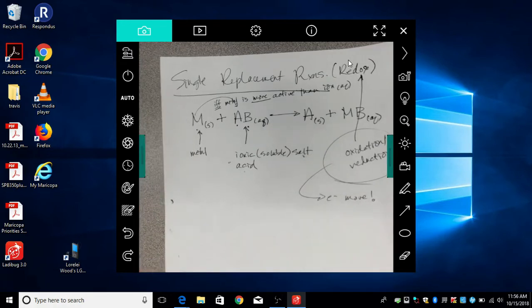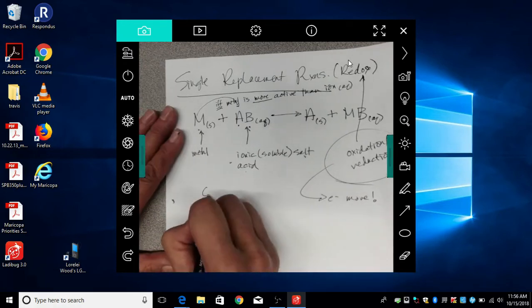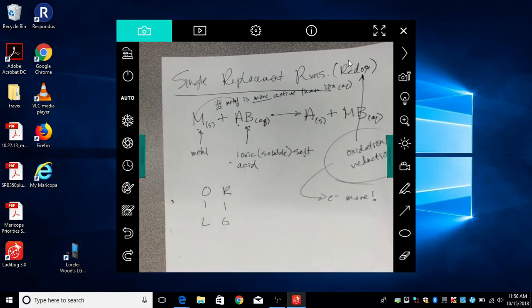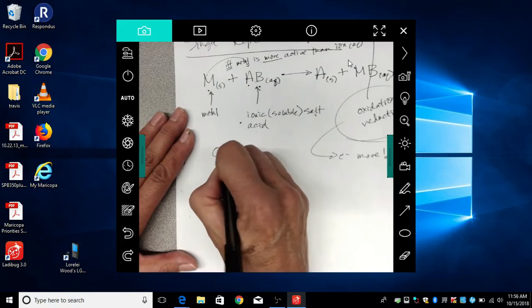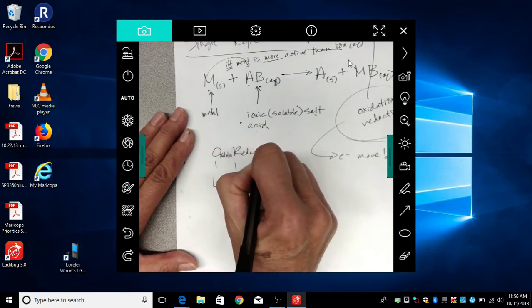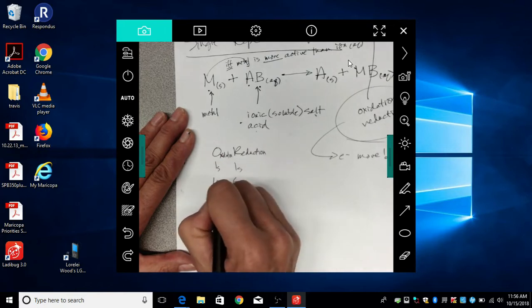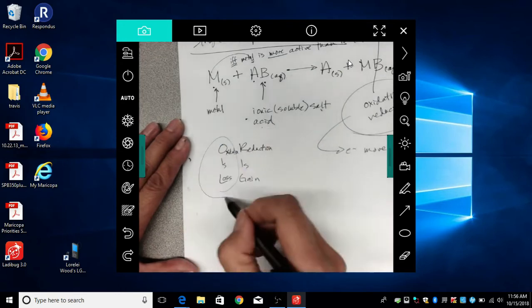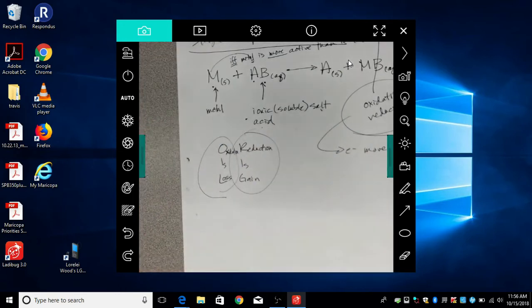And here's a good way to remember who's moving where: OIL RIG. Oxidation is loss, reduction is gain of electrons. So oxidation is the loss, reduction is the gain. There's a good mnemonic device to remember the difference between the two.